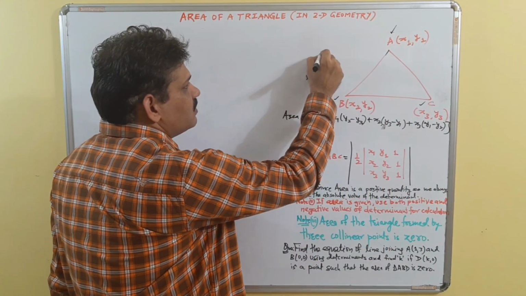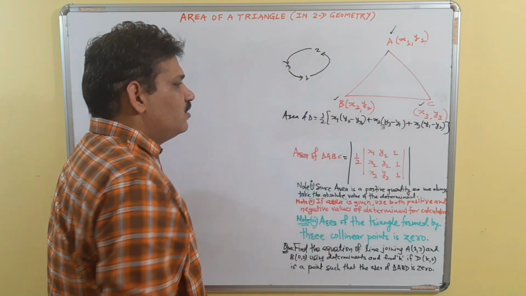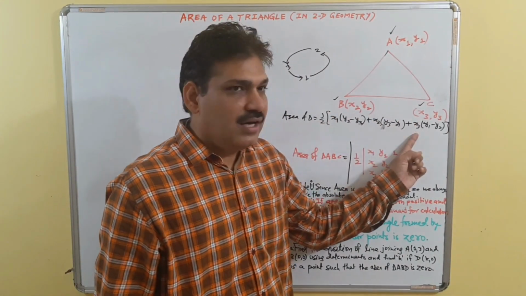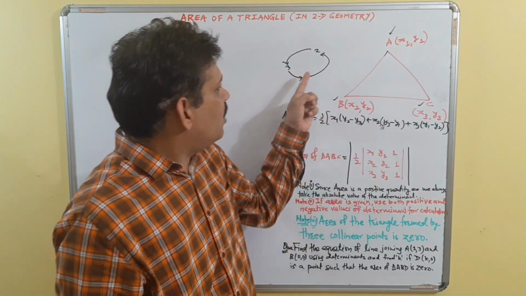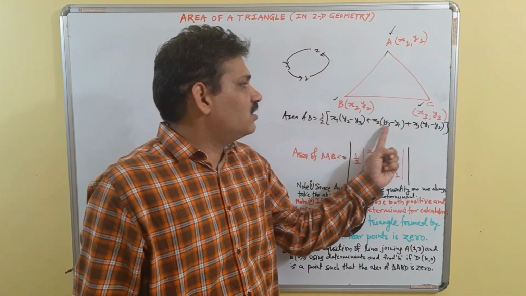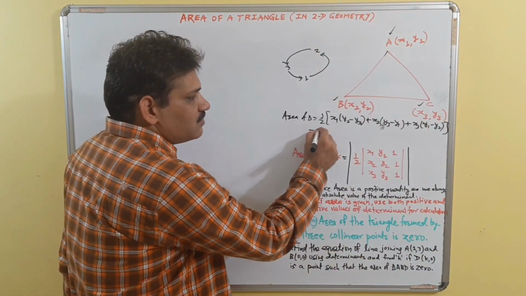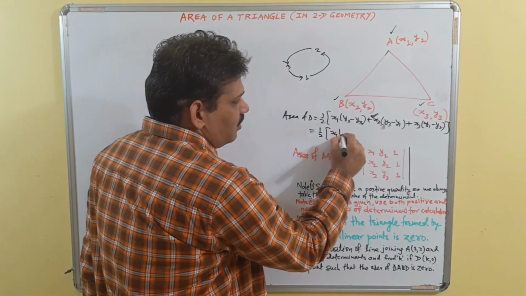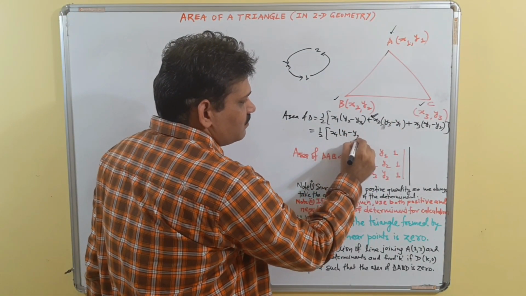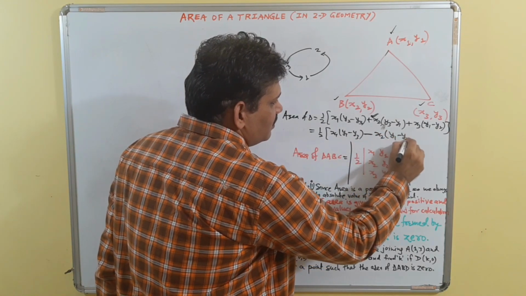1, then in cyclic order 2, then in cyclic order 3, then again 1. So x1, x2, x3, then 1, 2, 3, y2 minus y3, and after 2 it will be 3, 3 minus 1, likewise 1 minus 2. If I take a negative sign common from the middle term only, this will give me half of x1 times y2 minus y3, minus x2 times y1 minus y3.